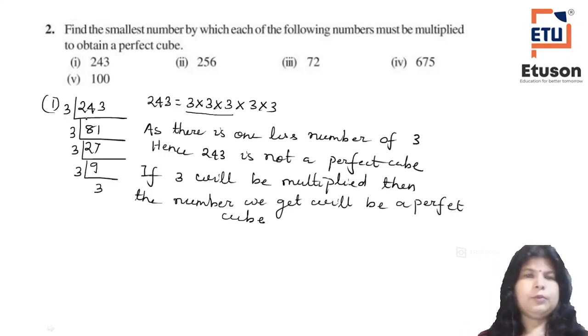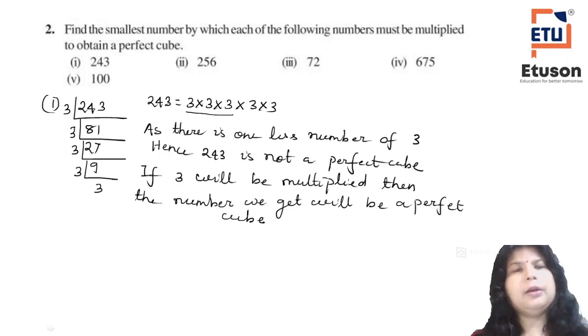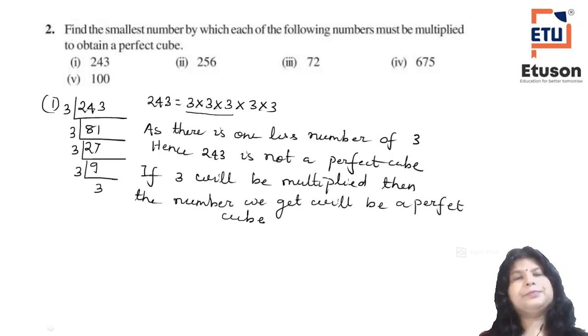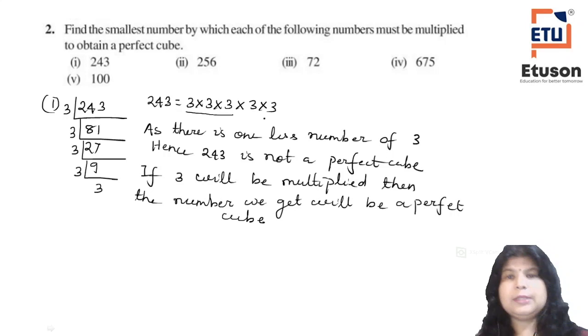If 3 will be multiplied, the number will be a perfect cube. Correct, children? So this is how you will find out the number to be multiplied.